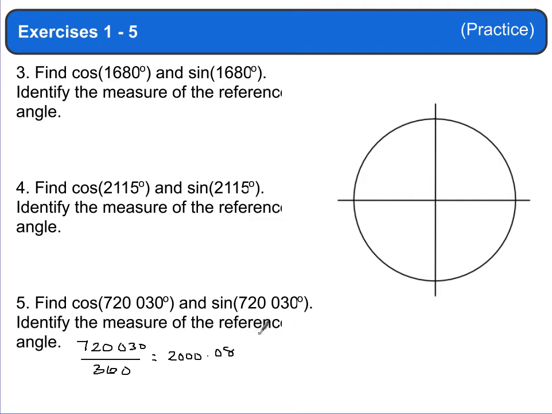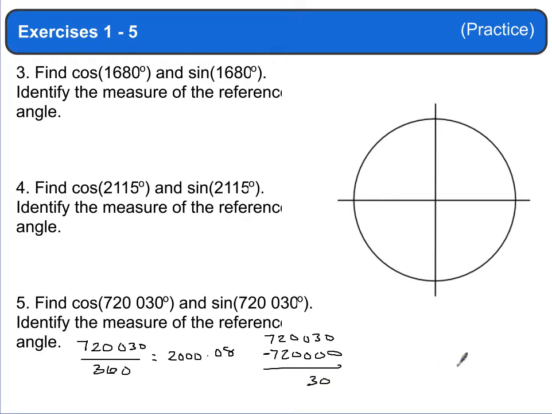So we're going to multiply 360 by 2,000. 720,030 minus 360 times 2,000, which is 720,000, and so we just get 30 degrees.